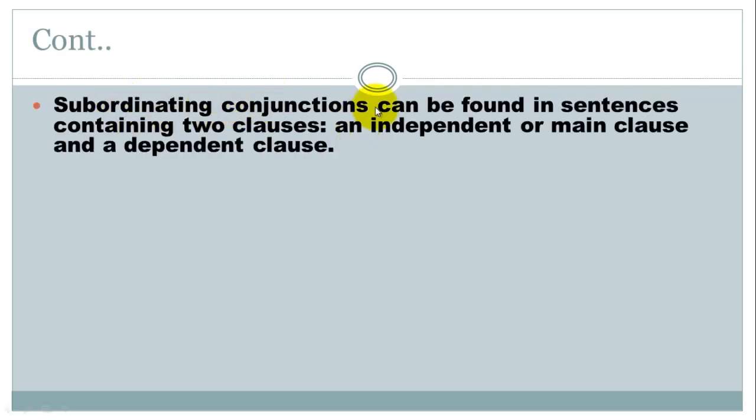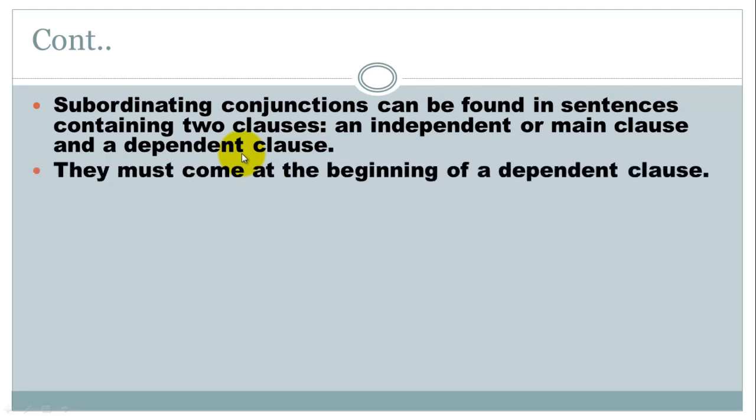Subordinating conjunctions can be found in a sentence containing 2 clauses. So there must be 2 clauses in the sentence. One should be an independent or main clause, and the other should be a dependent clause. It should be depending on the independent or main clause.